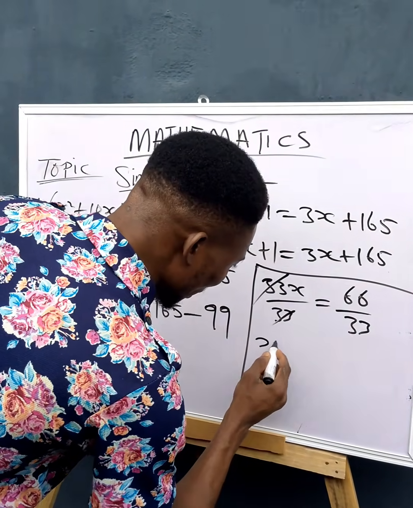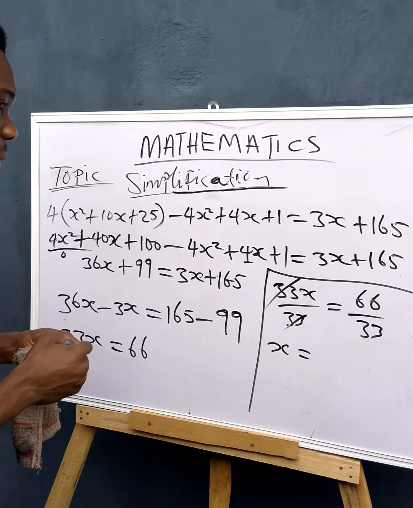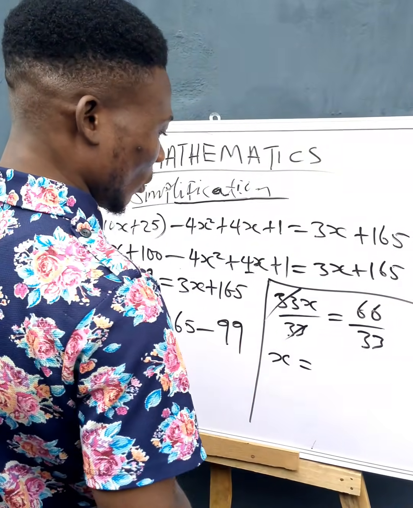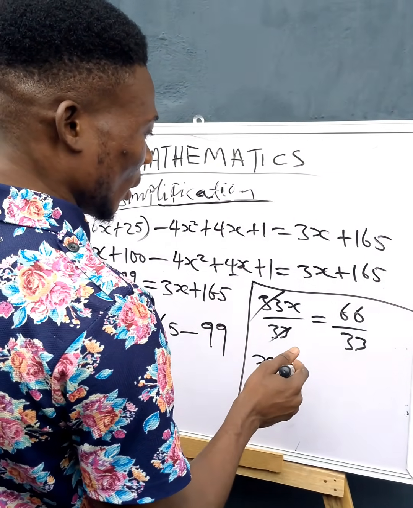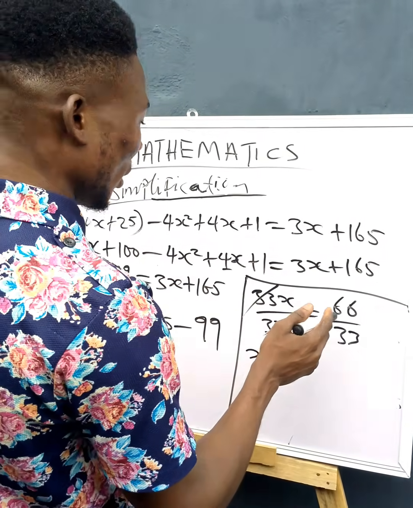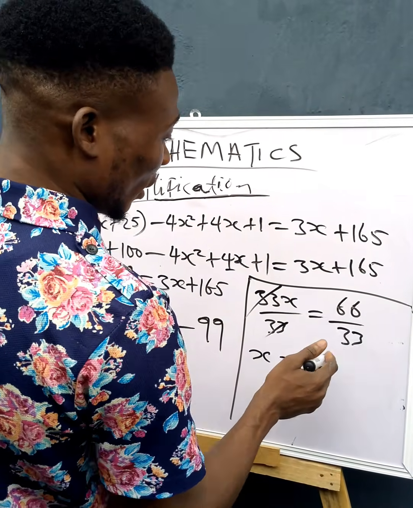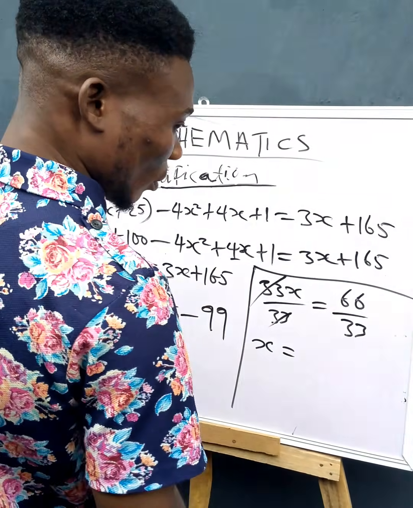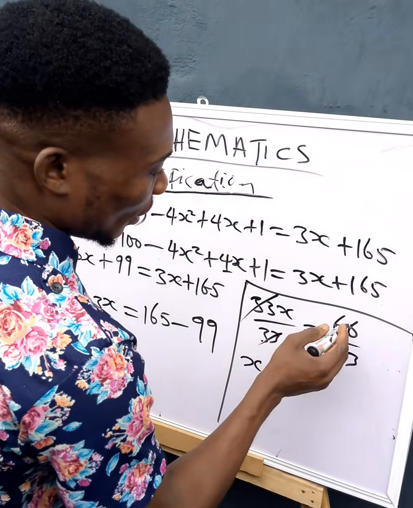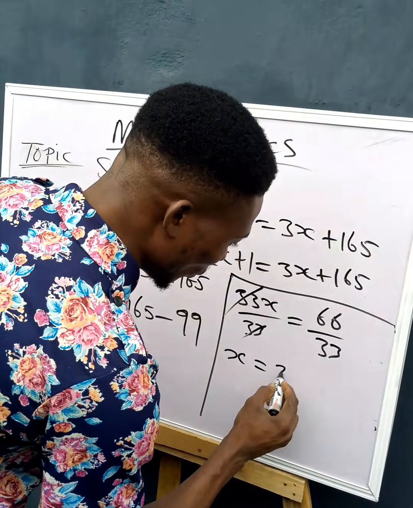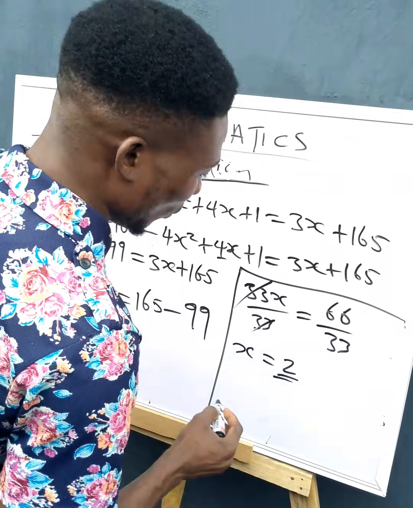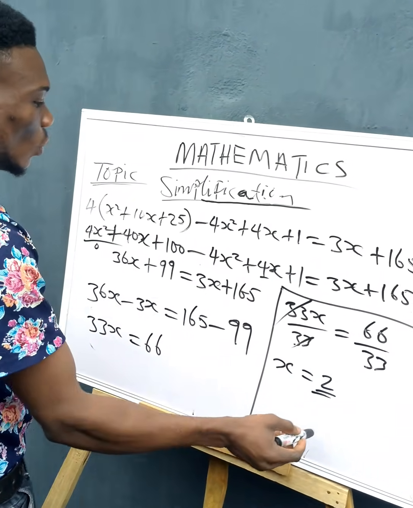X now equals to 66 divided by 33. So 66 divided by 33 is 2. So now your S is 2.